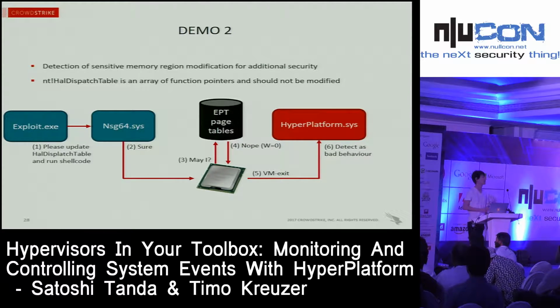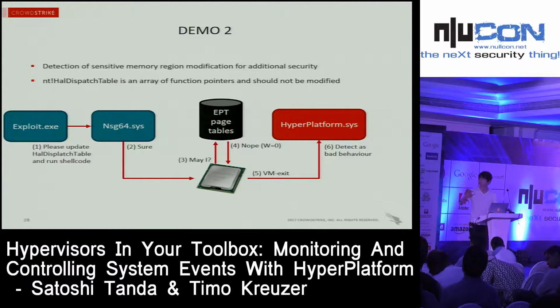We will set this page as non-writable, and then get a VM exit and detect this modification as bad activity. The chart below illustrates how we are going to demonstrate this idea. There is a vulnerable driver named NSG64, and the exploit program exploits the vulnerability, and the driver modifies the HAL dispatch table.